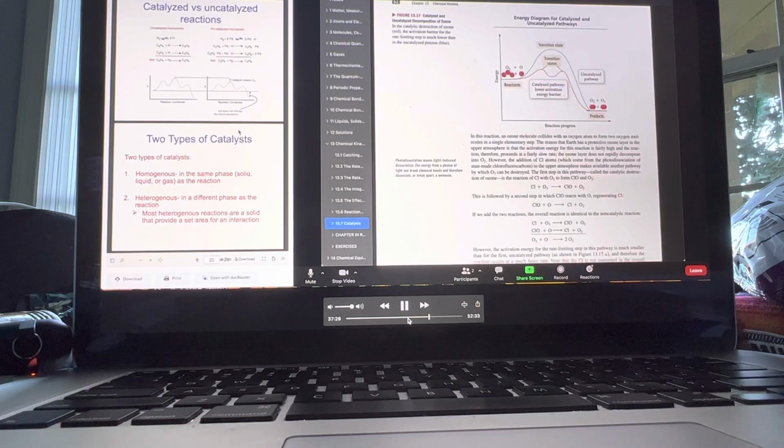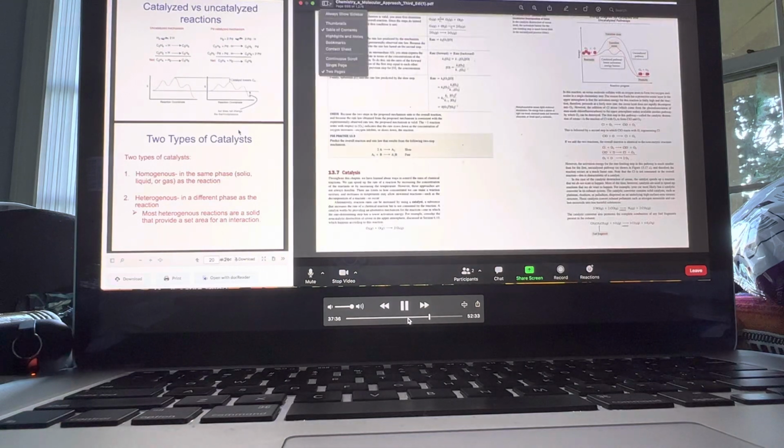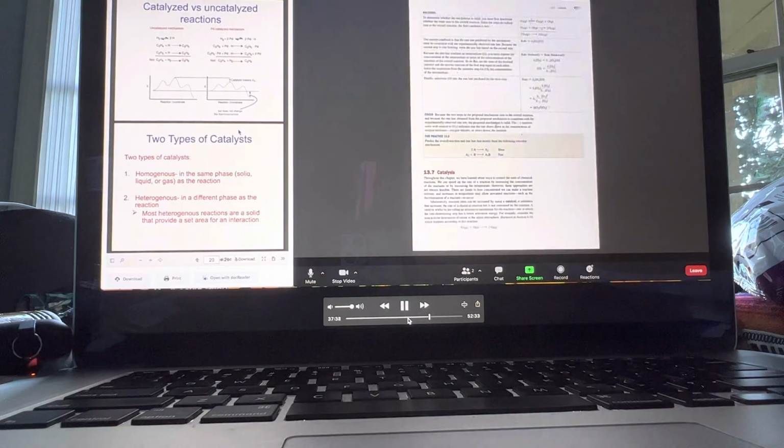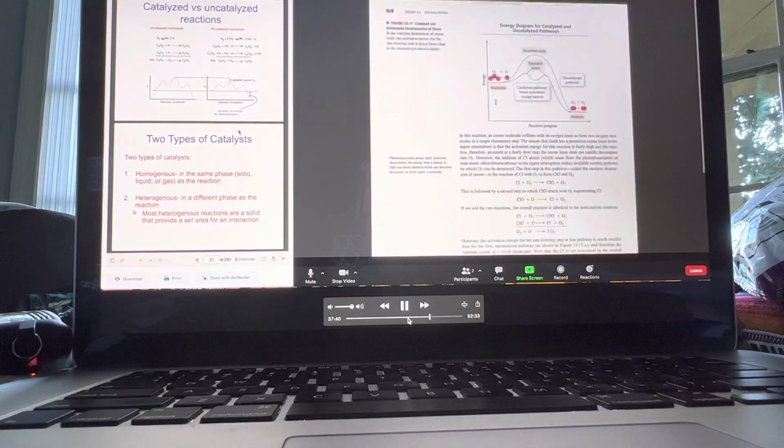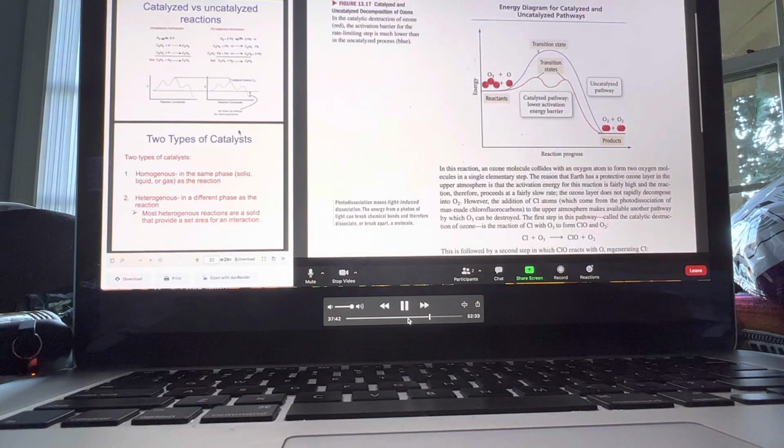So, for example, do you see this graph over here? Yes. So the presence and the absence of a catalyst: in the absence, which is the blue graph, the activation energy is much higher than in the presence of a catalyst, which is the red graph.